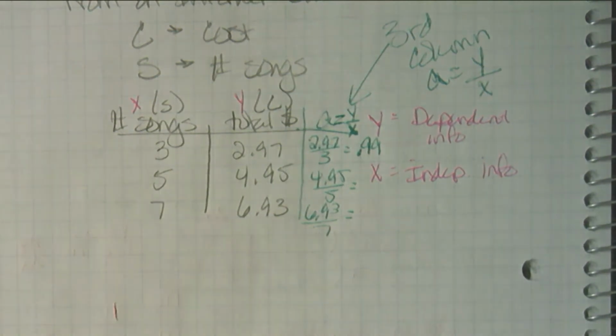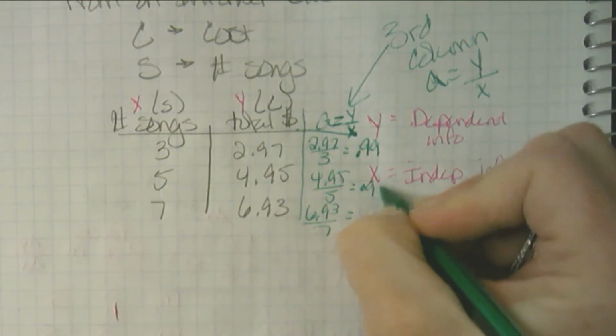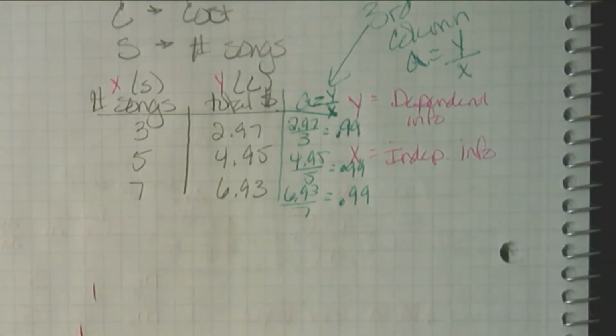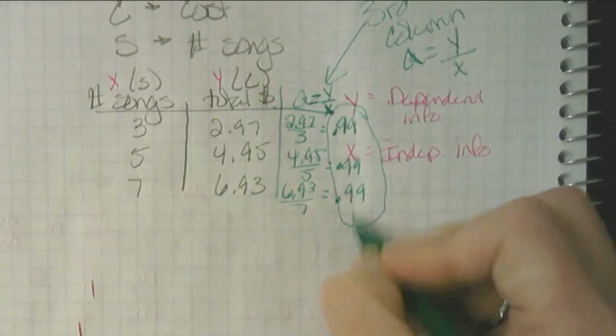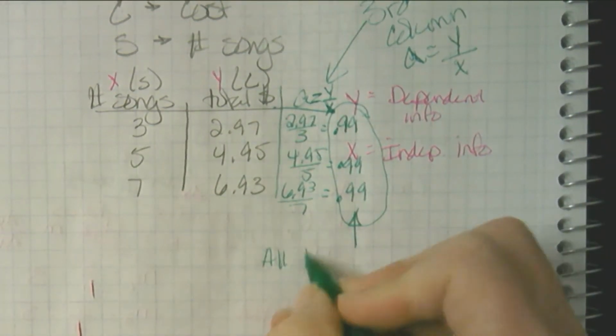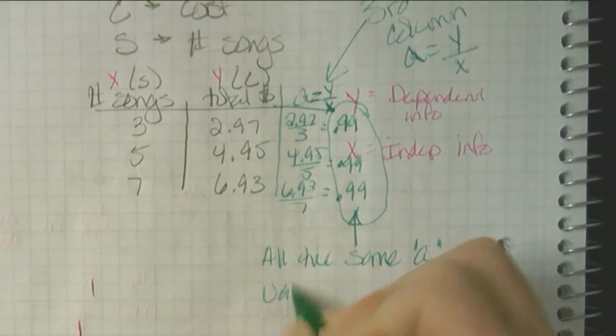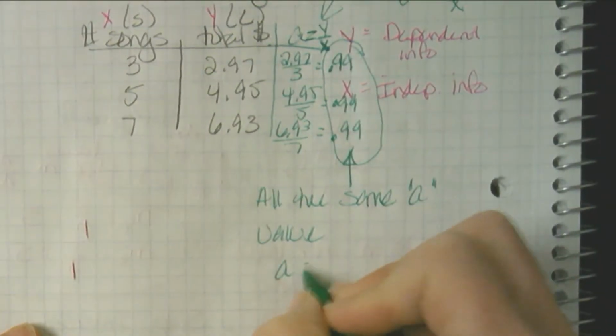And then I'm going to see if the rest of them are exactly the same, because they need to be the same for this to be a direct variation table. So if you notice, these are all the same A value. So A is equal to 0.99.